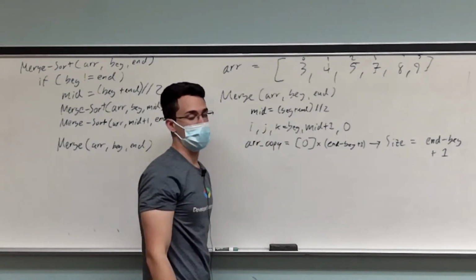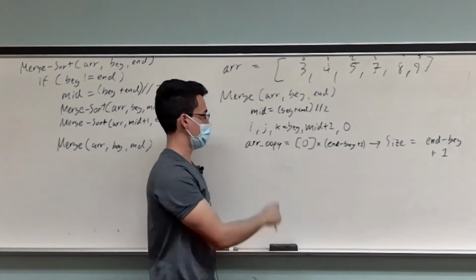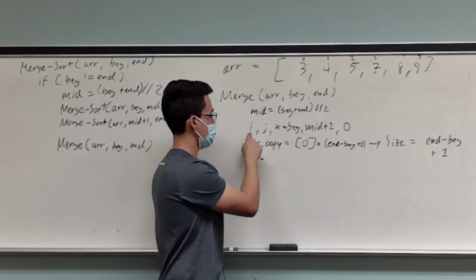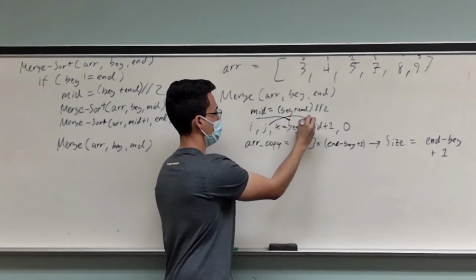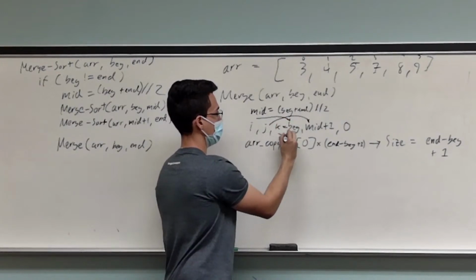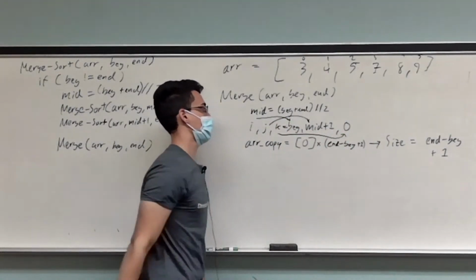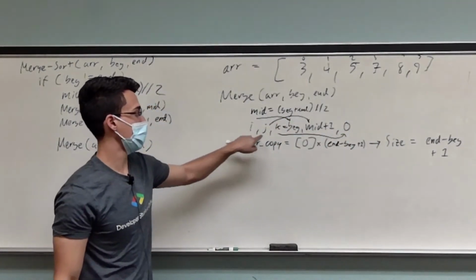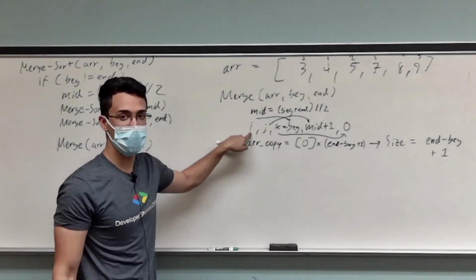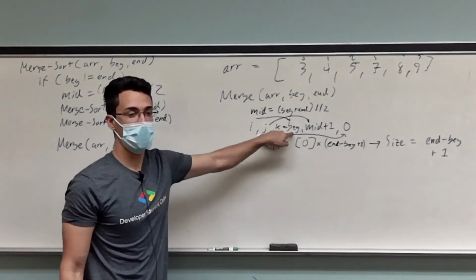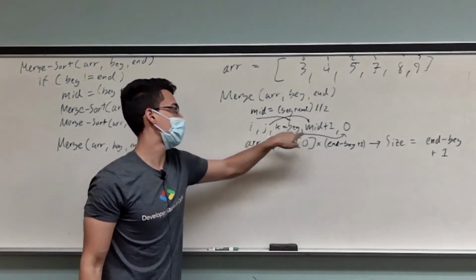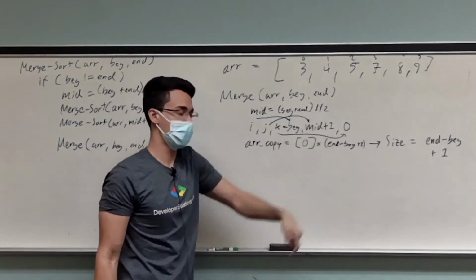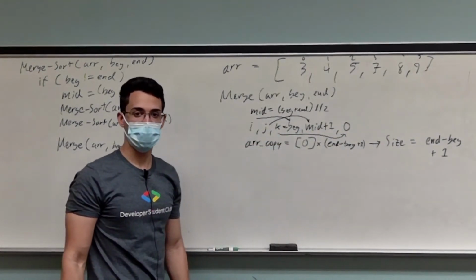This is the Python way of declaring: i is assigned to the first one, beginning, j is assigned to mid plus 1, and k is assigned to the third one, which is 0. Python is weird.